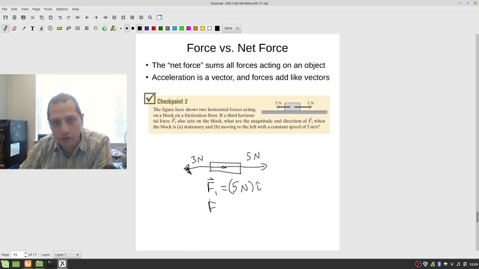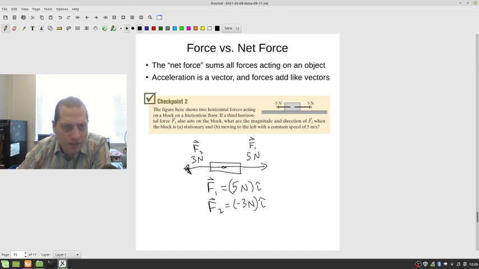And F2, I could write as minus 3 newtons in the I direction. Why is it minus? Well, because it's pulling in the minus x direction over to the left. And so if I add those two together, I am adding like vectors.